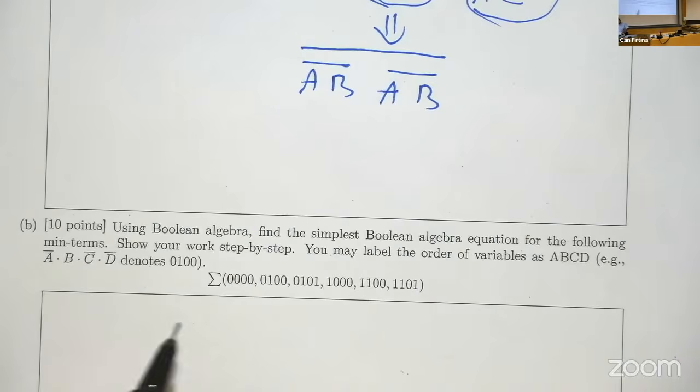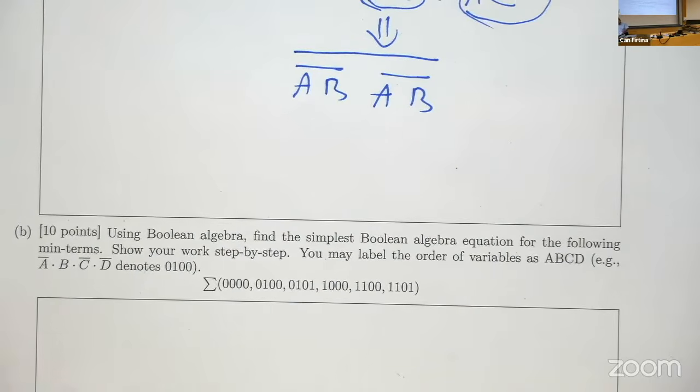So part B. We need to write the function formula and then try to simplify it with Boolean equations.